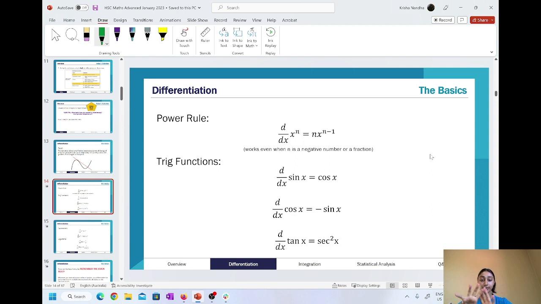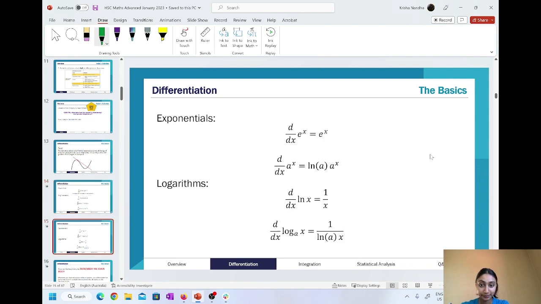But it's also in your formula sheet that the derivative of sine x is cos x, the derivative of cos x is negative sine x, and the derivative of tan x is sec squared x. Okay, we'll be going through a lot of formulae in the start. It won't be super interactive, but we just need to get all of the basics done first, okay?